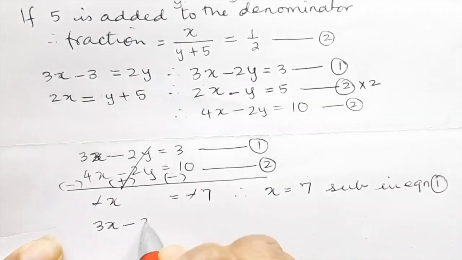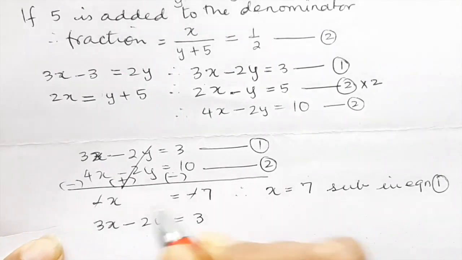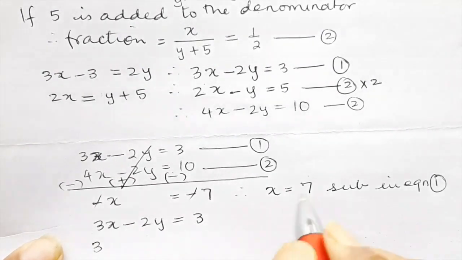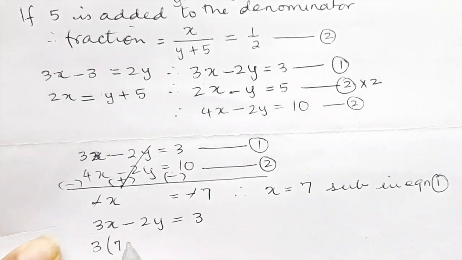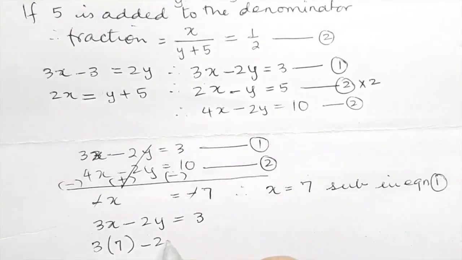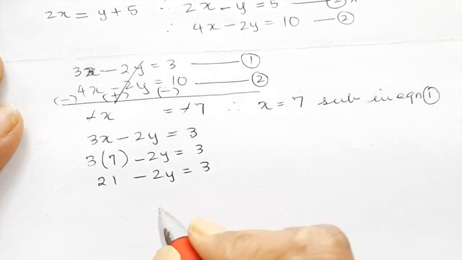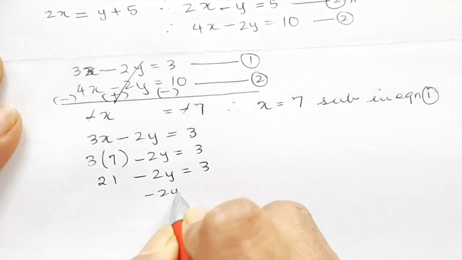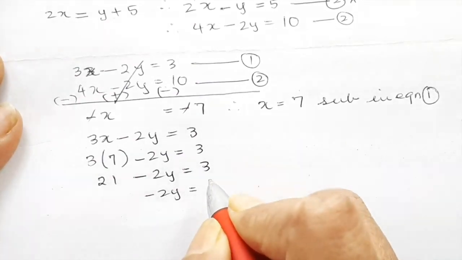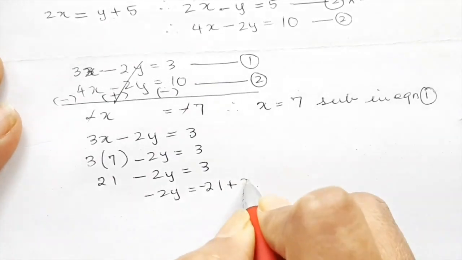So 3x minus 2y is equal to 3. Substitute the value of x. 3 into 7 minus 2y is equal to 3. 21 minus 2y is equal to 3. Minus 2y is equal to minus 21 plus 3.